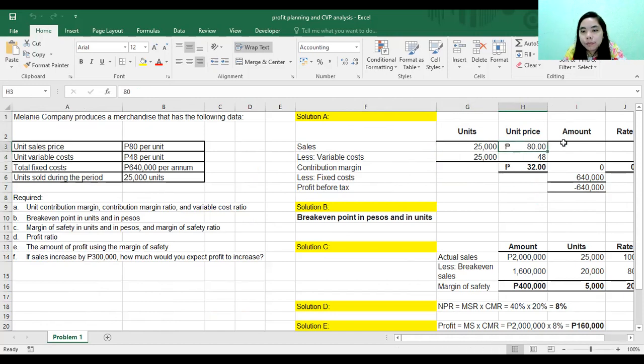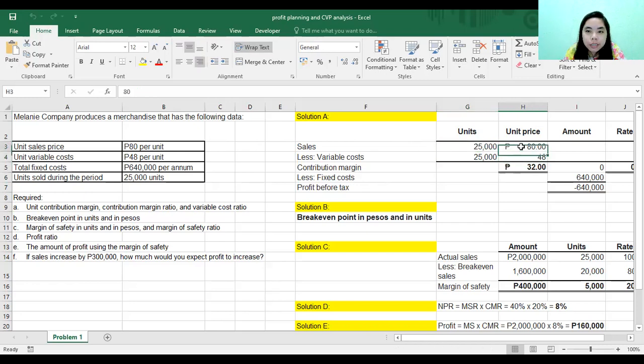Since we assume that production is equal to sales. If the problem said it only produces 100,000 but sold only 75,000, that's a different approach. But in here, let's just assume first that sales is equal to your production. So we're done with the units.